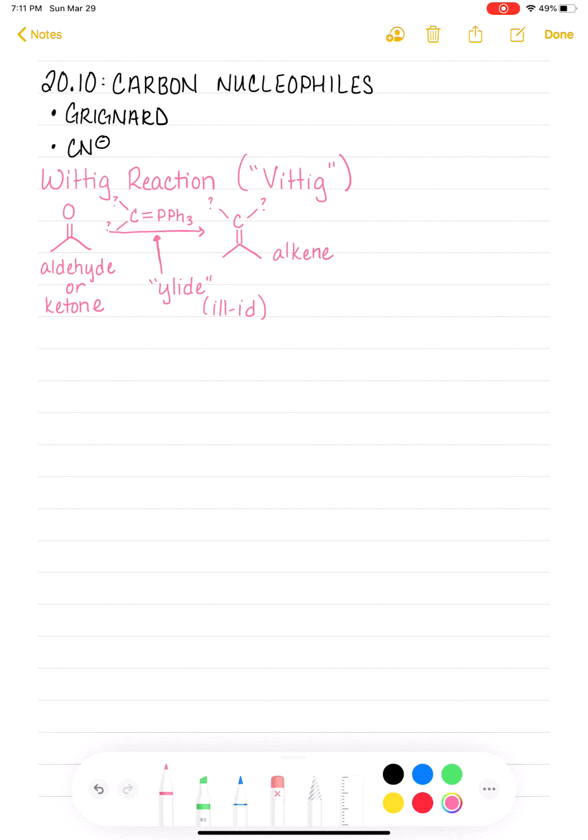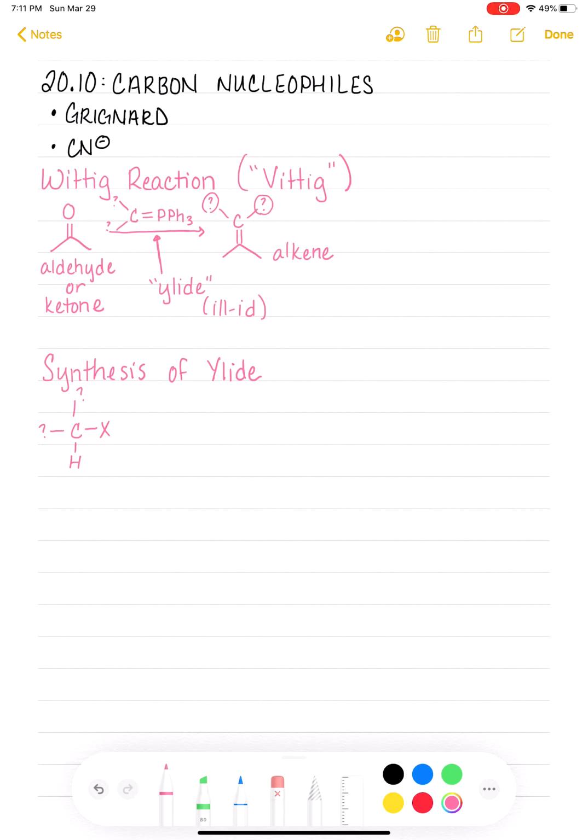The first thing that we're going to learn about with the Wittig reaction is just the synthesis of the ylide. Like Grignards, ylides are made as you need them, and they are synthesized from an alkyl halide. This alkyl halide can have any halogen on it that we want. It has to have at least 1 hydrogen on it, but the other 2 groups on the carbon can be whatever we want them to be, and they should be whatever we're trying to put onto the alkene ultimately.